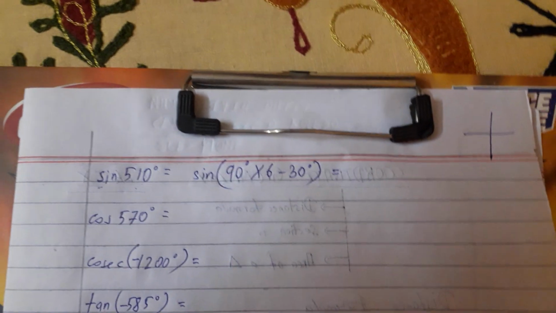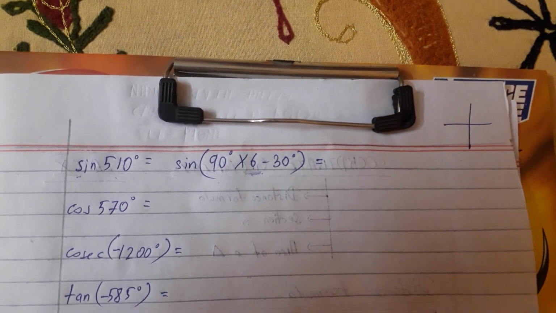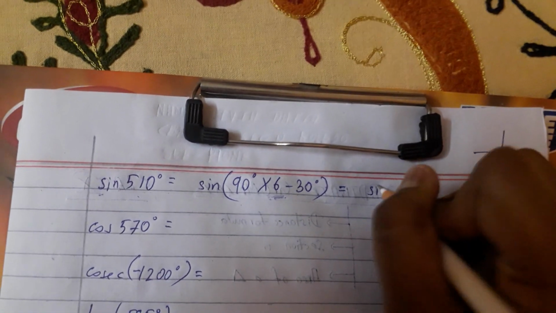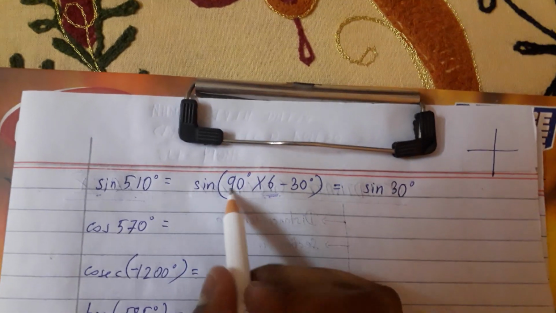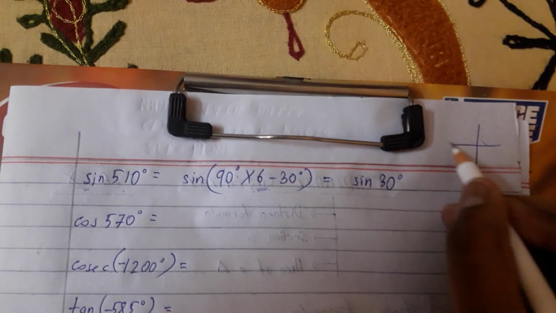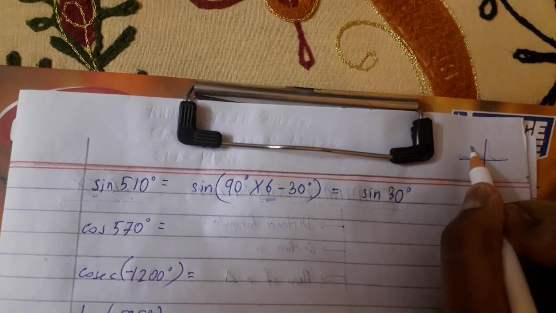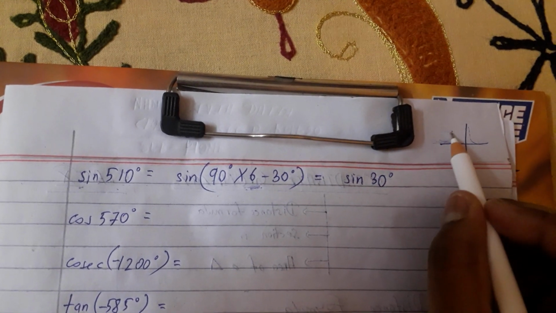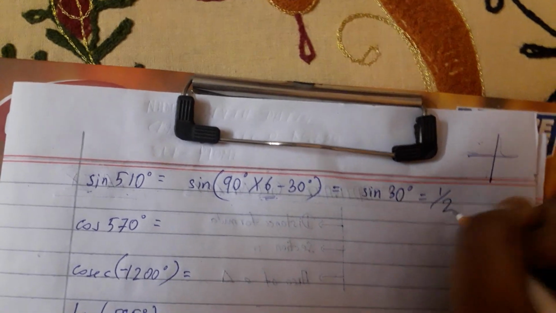Here 90 into 6 means even, and even means same, so the function will be sine 30 degree. And 90 into 6 minus gives the quadrant of the sine function, so the sign will be positive. So the answer will be half.